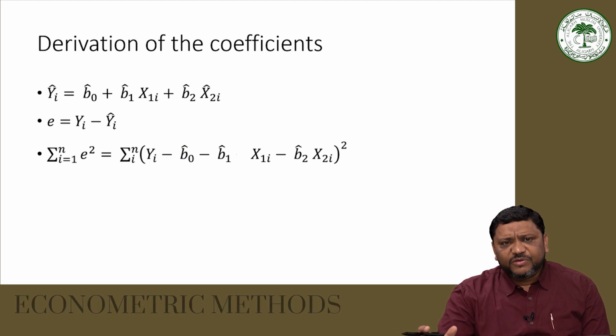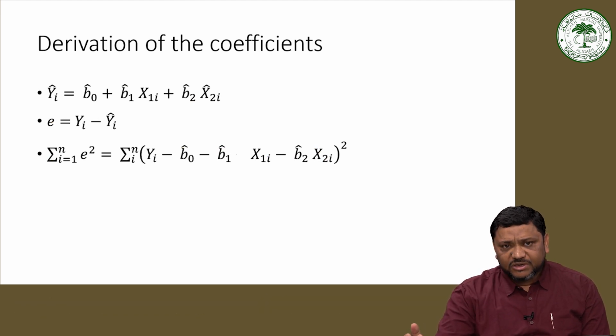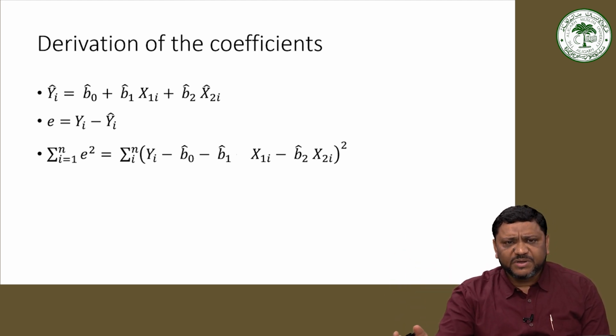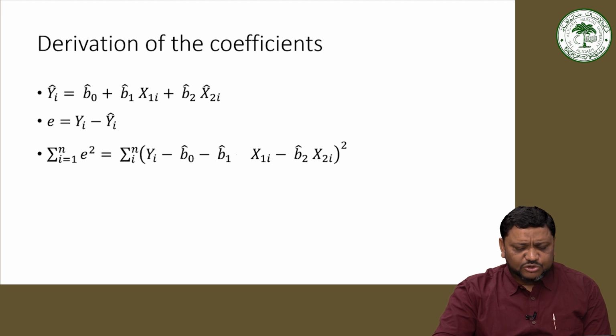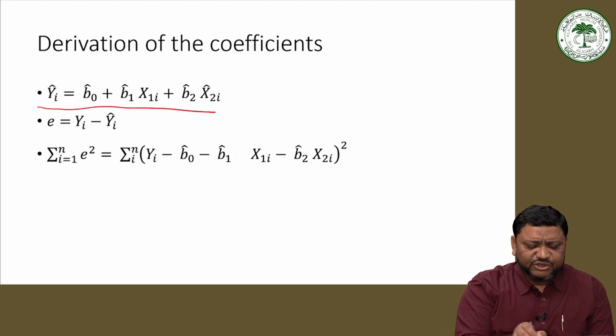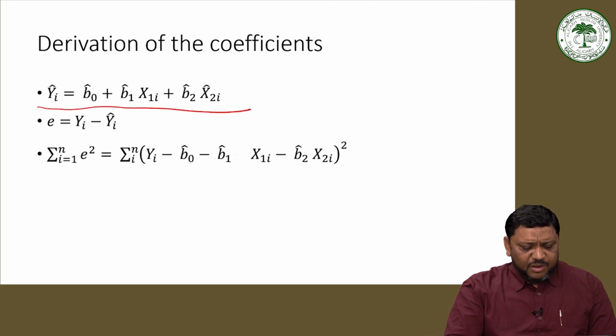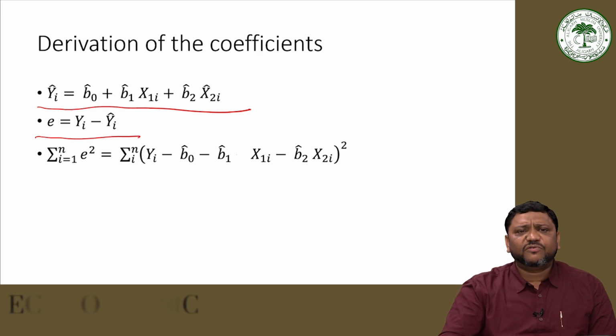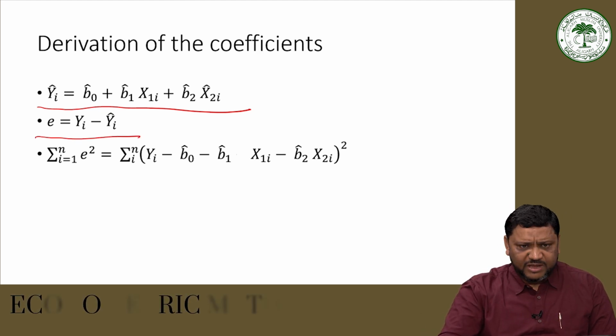Then we moved on to the derivation of beta 1 hat, beta 2 hat, or as many betas as there are independent variables. For that, we started with this regression equation: beta naught hat plus beta 1 hat x1 plus beta 2 hat x2 along with the error. Then what is the error? Error is actual y minus y hat.